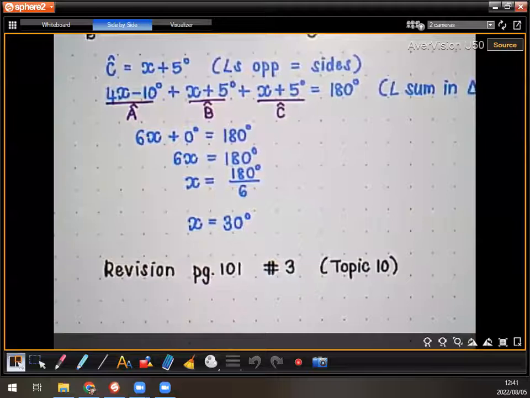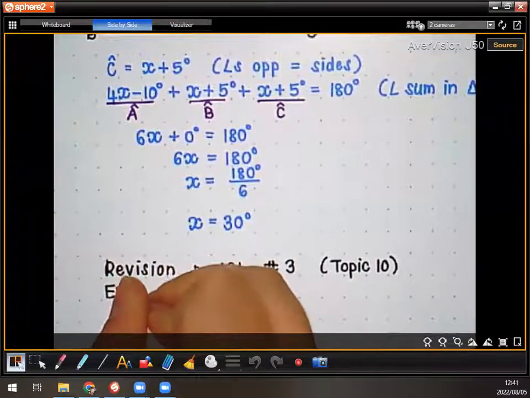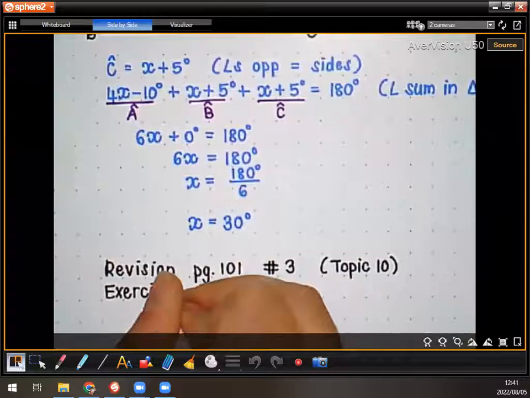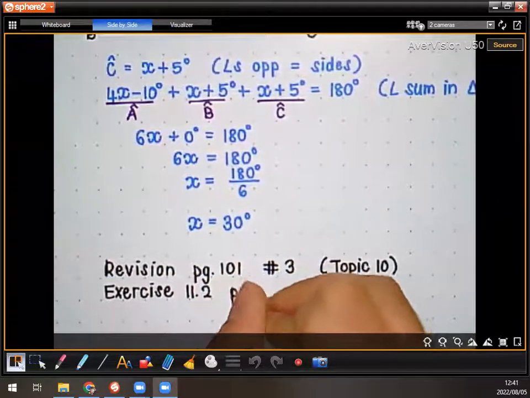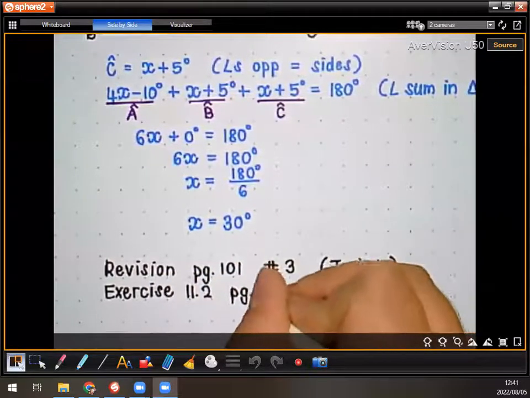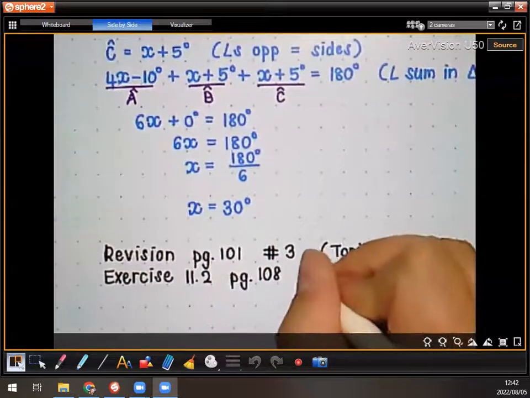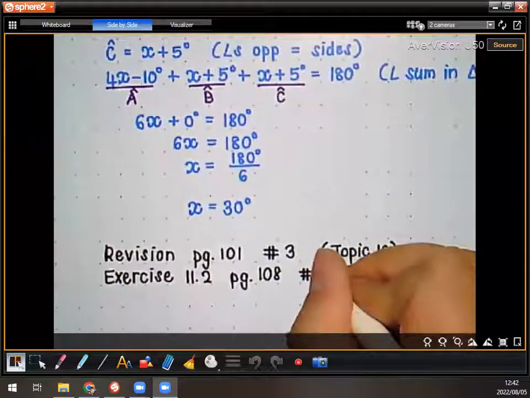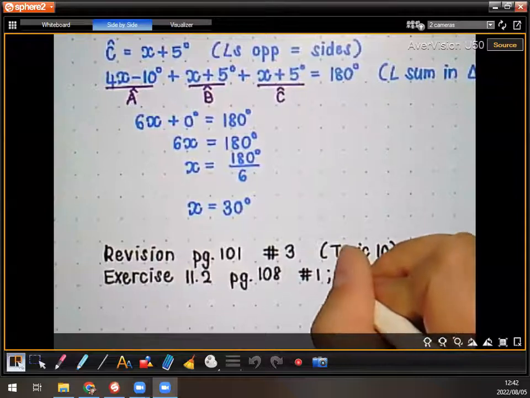And then exercise 11.2, which you'll also just have to look for. I'm not sure what page it will be on. In mine it's on 108, so some of you will have a different page. Just number 3 of that one. And then for the next one, I would like you to do 1 and 4.